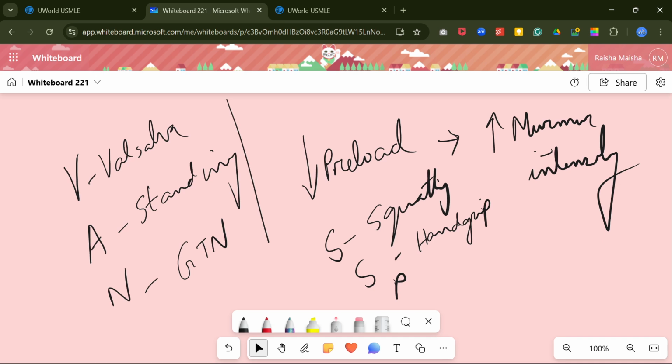Squatting and hand grip actually increase the preload, increasing preload. Squatting, hand grip, and leg raising actually increase the preload, so decreasing murmur intensity.